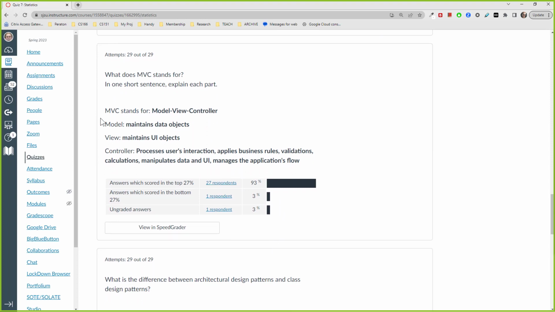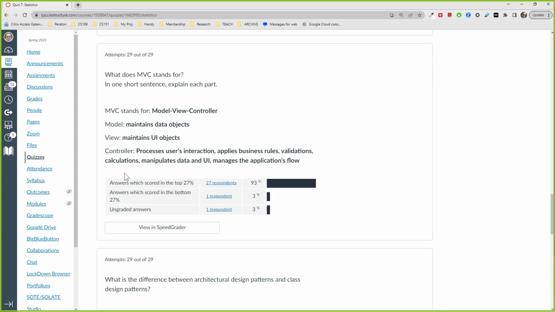What does MVC stand for? In one short sentence, explain each part. This is a must know, the kind of abbreviation and acronym that is a must know. Model View Controller. Model maintains the data objects, view maintains the UI objects, and controller handles the rest.